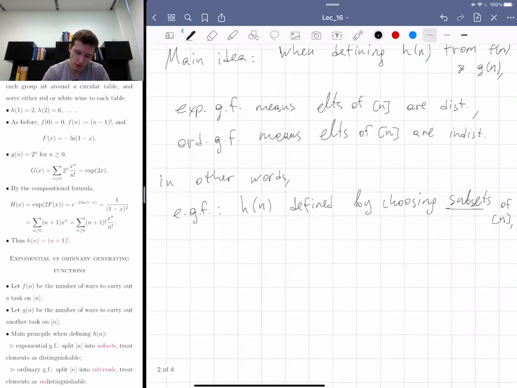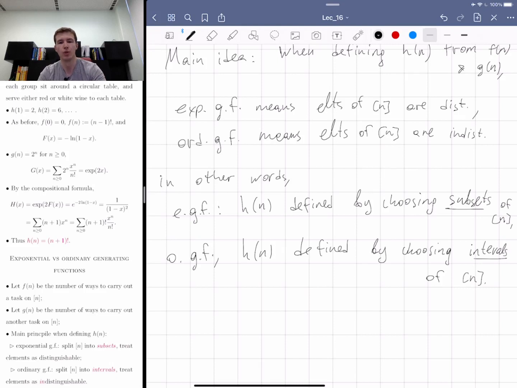But for the ordinary generating function, h of n is going to be defined by choosing intervals of bracket n.